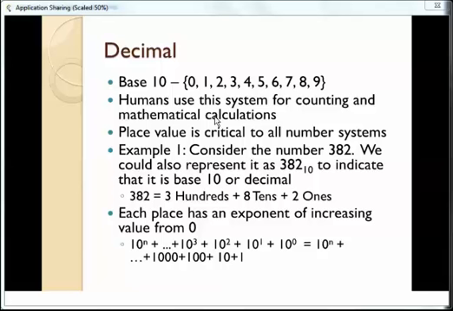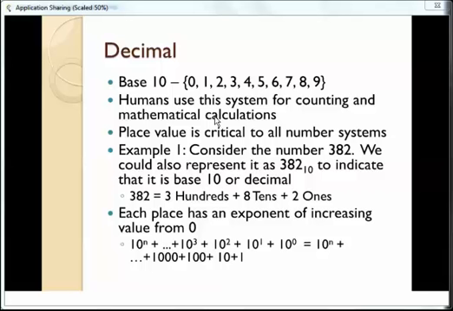So let's take a look at 382, and you probably recall from previous studies of numbers that the 3 represents the hundreds location, the 8 represents the tens location, and the 2 represents the ones or the unit location. So each place has an exponent of increasing value from 0.